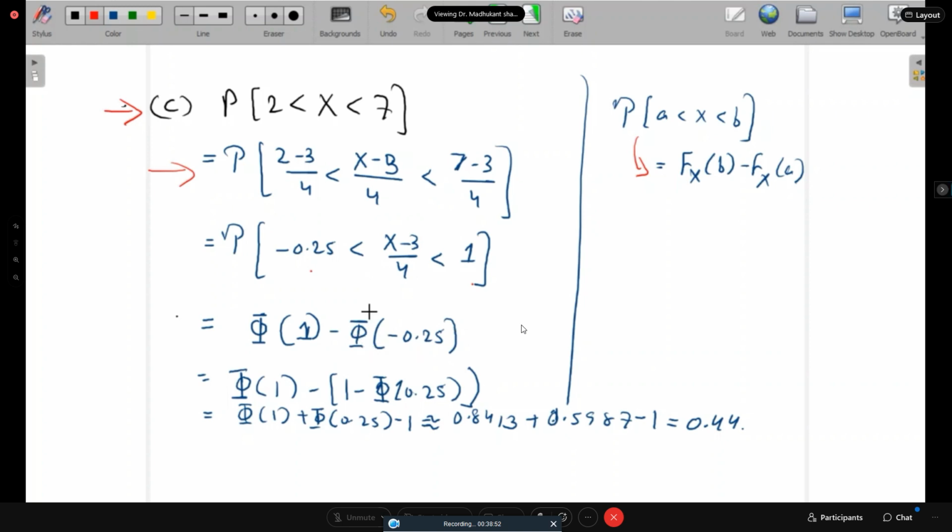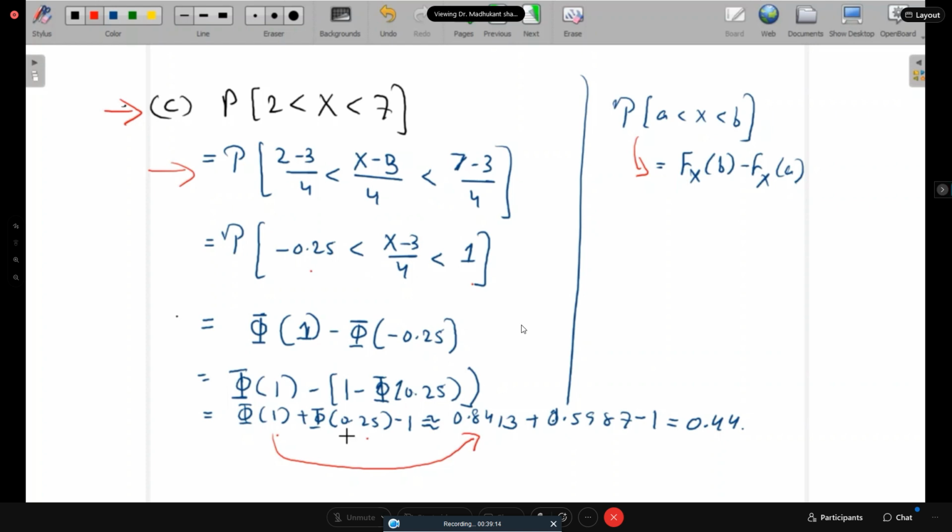And now you are going to use the fact that phi of minus z is 1 minus phi of z. So it's going to be phi of 1 plus phi of 0.25 minus 1. So you are supposed to find phi of 1. We have just seen that from the table it is 0.8413.